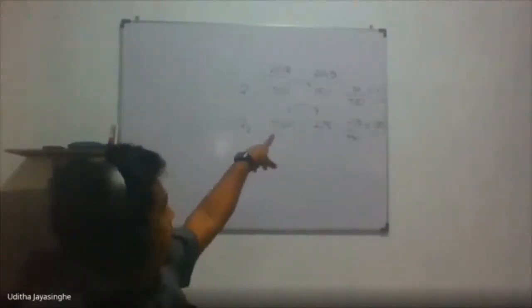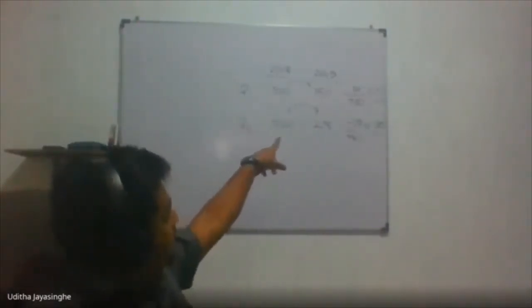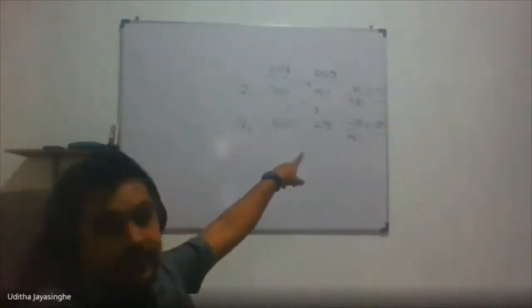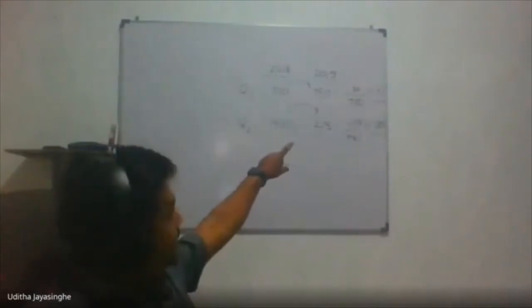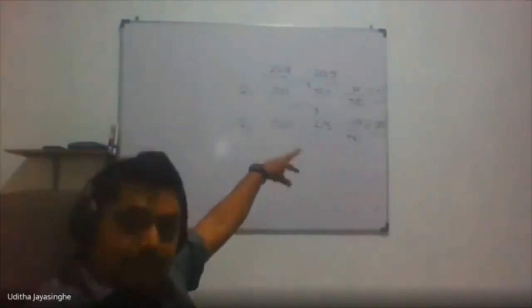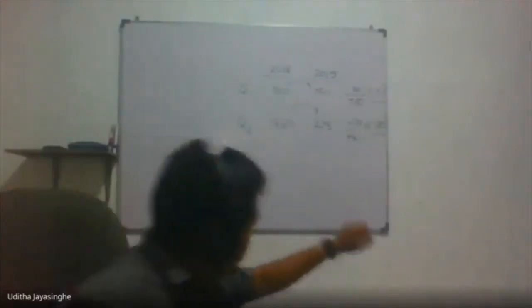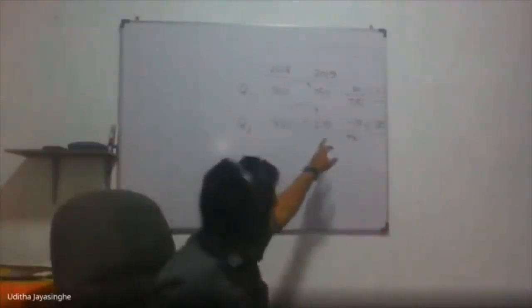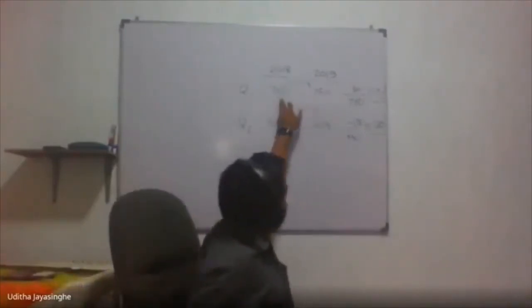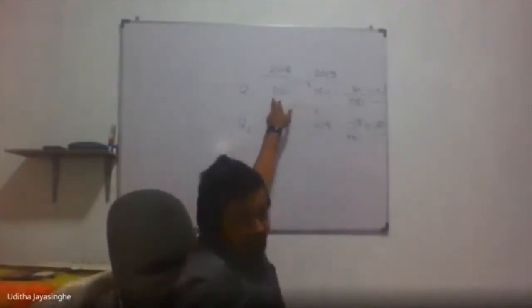From 2019, if you look at this particular number of 750, I have taken 50 directly, because the difference between these two numbers is the growth. When you want to calculate the growth of a particular number, what you have to do is take the difference and divide it by the initial number.